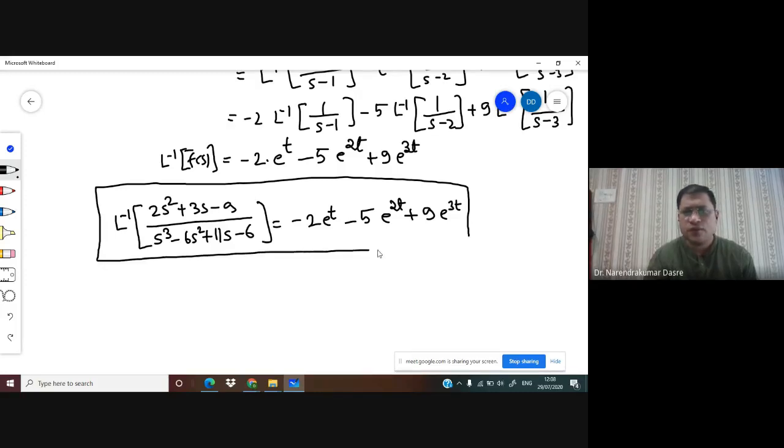So this way we are able to get the inverse Laplace transform of the function using the method of partial fraction.